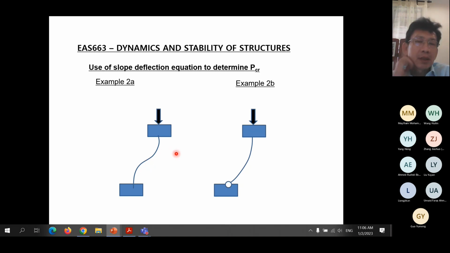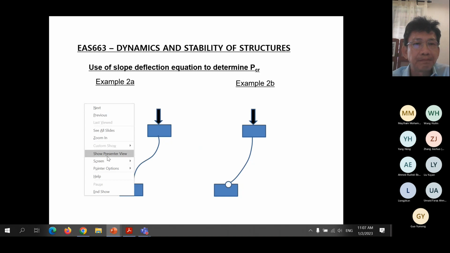Now, this is an example where there is relative translation of one end relative to the other.